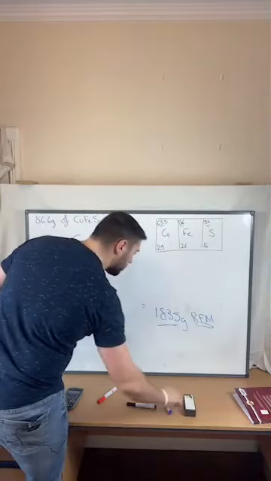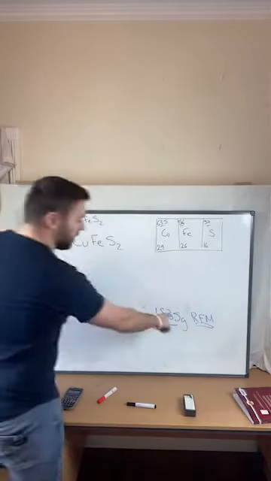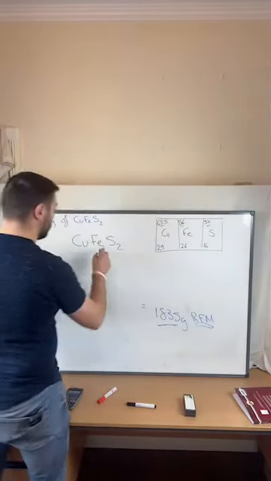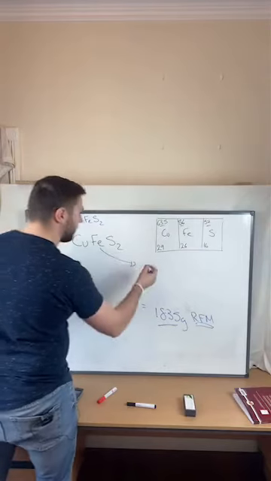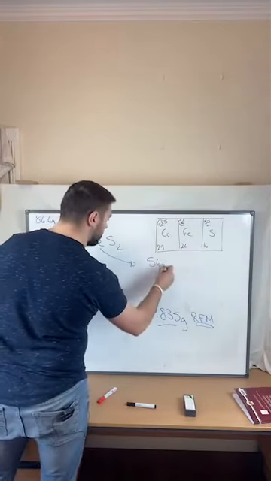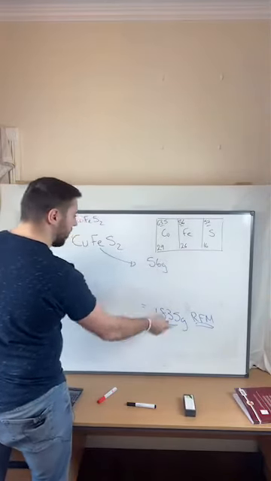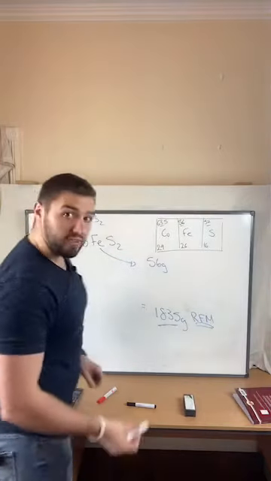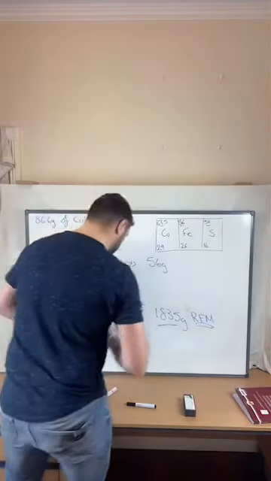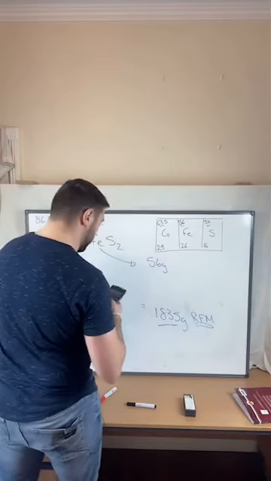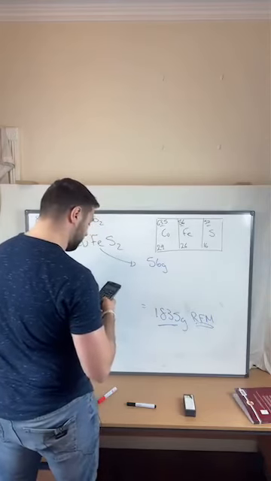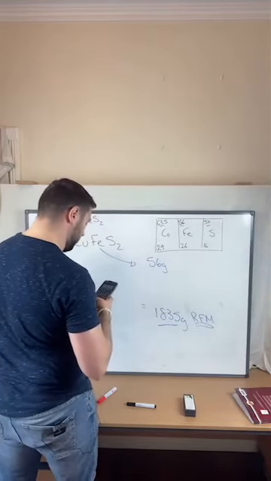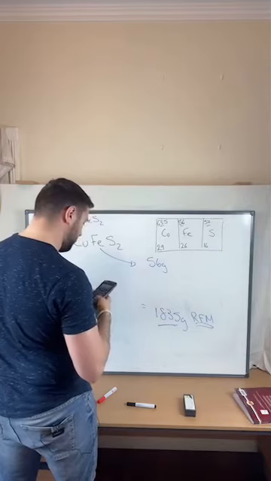Now we're going to do 2 things with this. Of that 183.5, we can say iron of this is going to be 56 grams. So 56 grams of that 183.5 is going to be iron. So iron makes up 56 divided by 183.5.